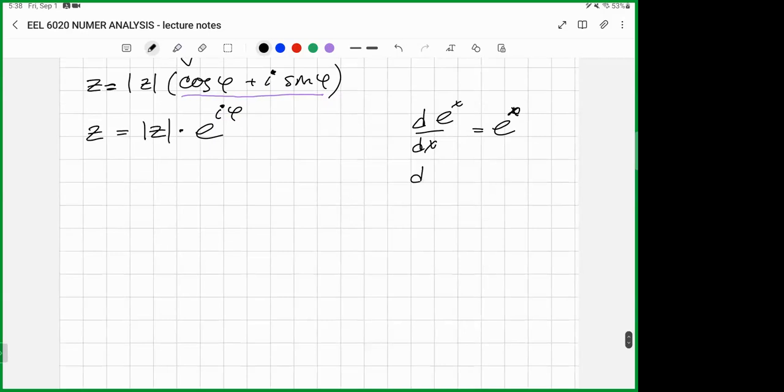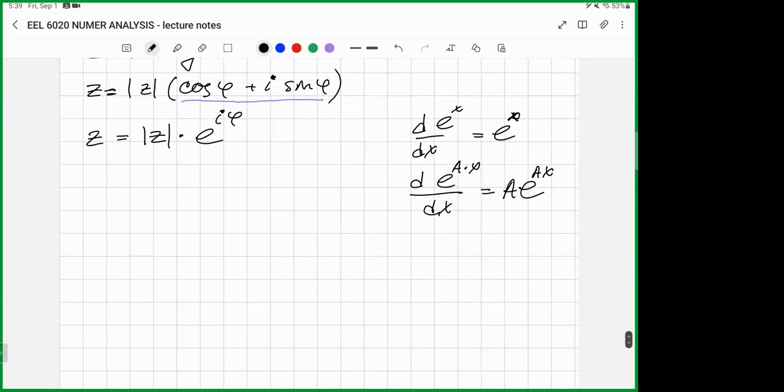And the derivative of the exponential function with a constant a times x is equal to a times this complex function. So taking derivatives and integrals of exponential functions is very simple.